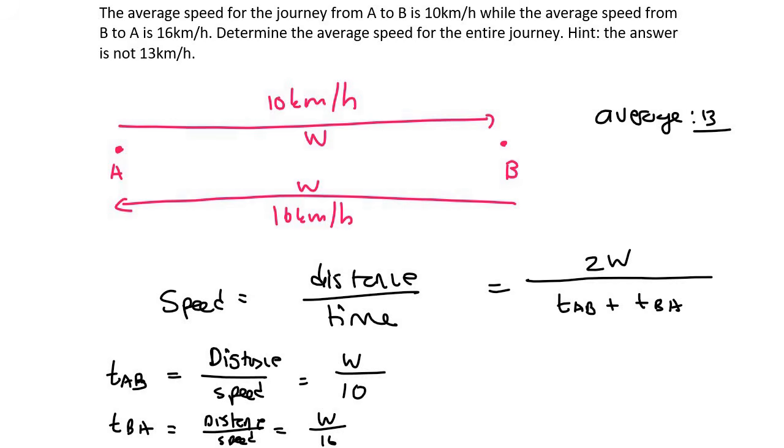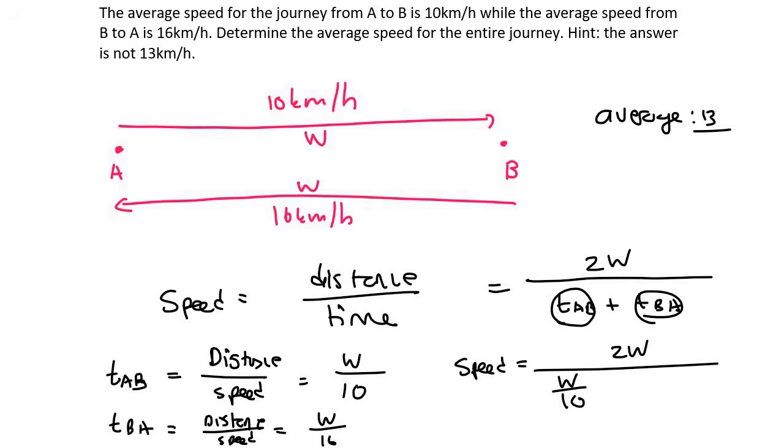Then I'm going to take those two expressions and put them in here. And so we're going to find that the average speed is equal to 2W over W over 10 first, plus W over 16.